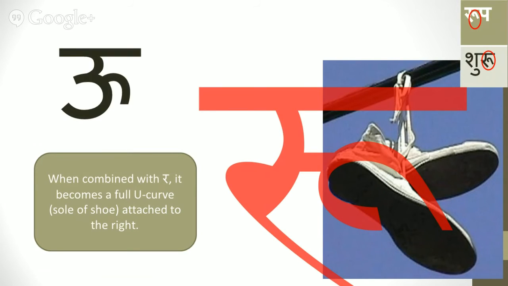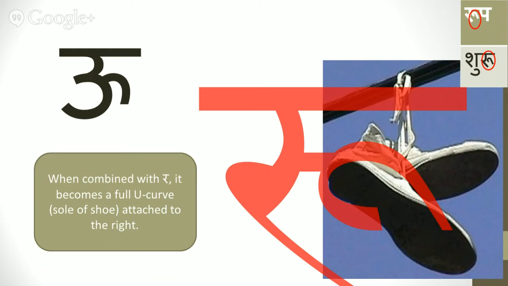Okay, so this is another special form, and this time a drug dealer has thrown shoes on top of the electrical Hindi line. We have to clean up the streets of Mumbai. So this is only after the Hindi R sound.